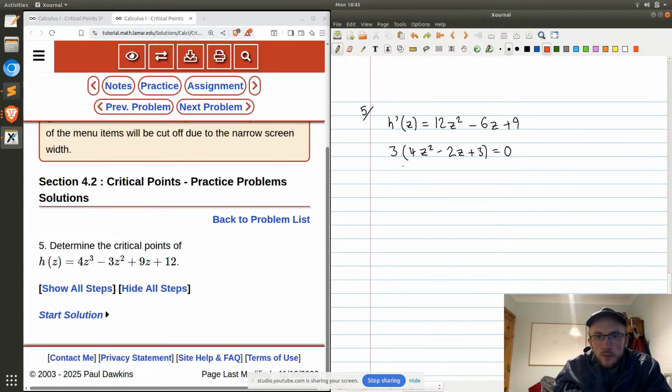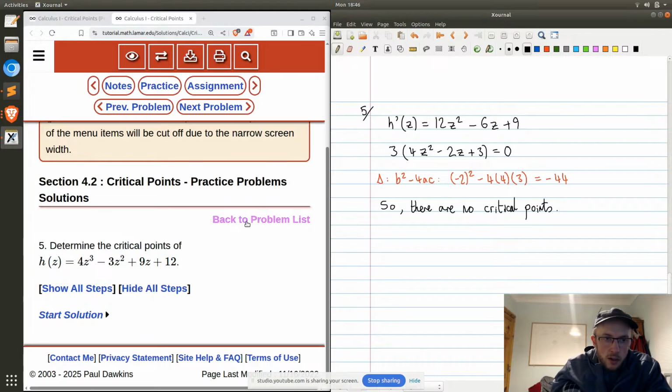Even though it's... the discriminant is four minus 48, which is minus 44. So there are no critical points.